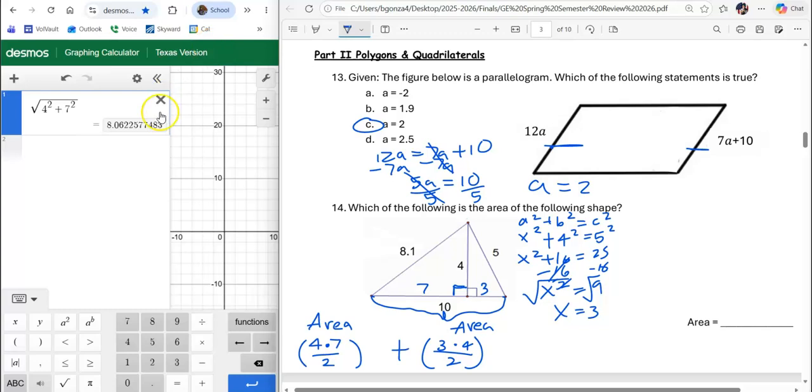Remember, the area of a triangle is base times height divided by 2. If you've got more than one, then you need to add them up. And we get 20.